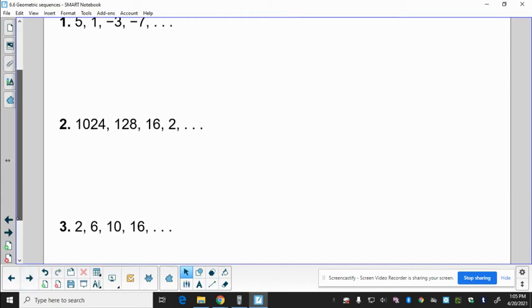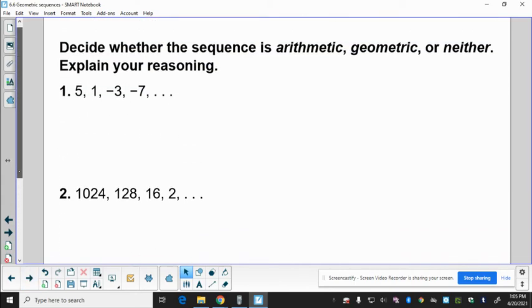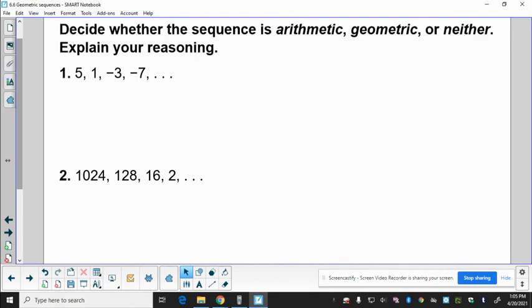I want everybody to try, we got 3 questions here. Try numbers 1 and 2 first of all. See what you come up with. All right, so number 1, can you tell what's going on? Well, I'm guessing that I am subtracting 4 each time.